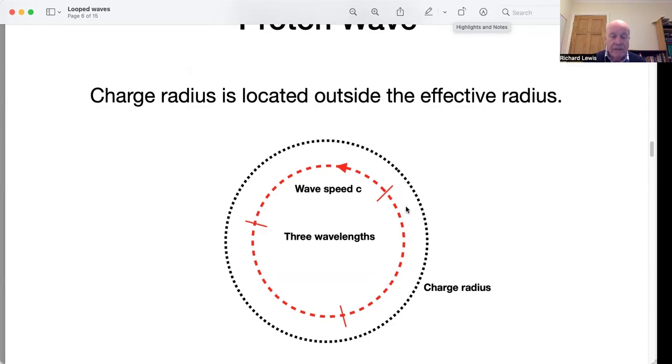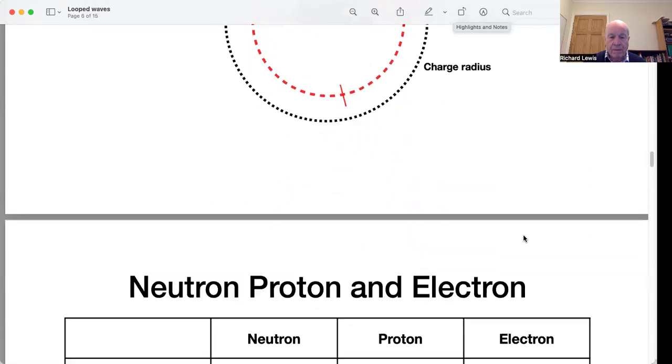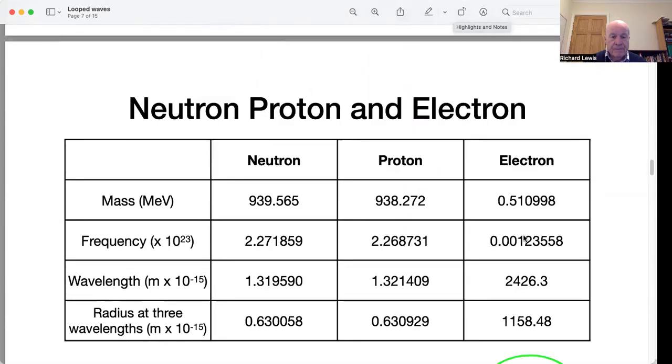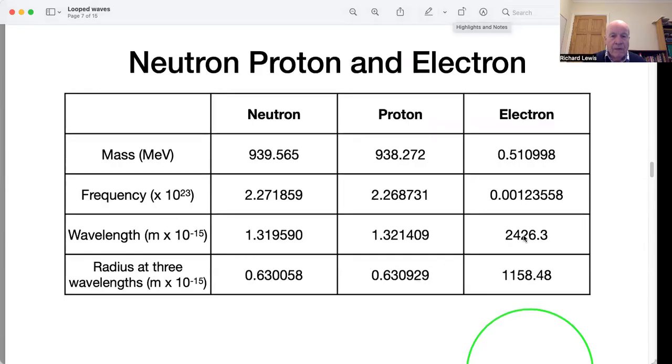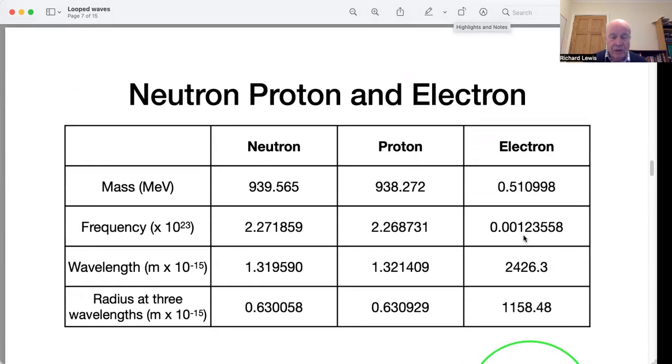And this is interesting because it's consistent with some scattering observations which show a 3-fold symmetry in the proton. We can do a similar calculation for the neutron, and we find that the neutron is also 3 wavelengths.